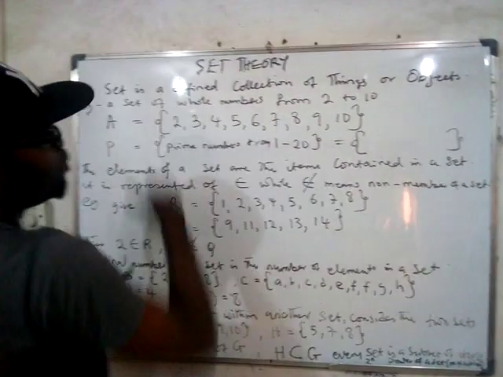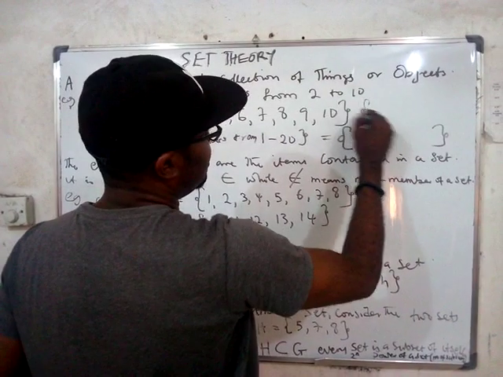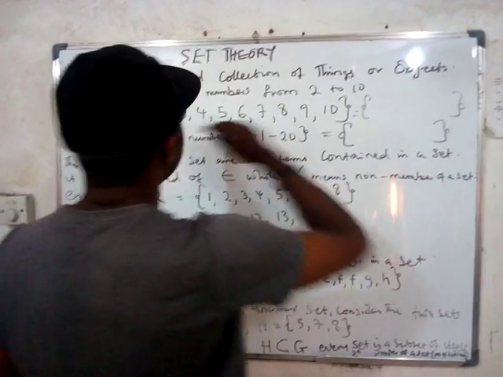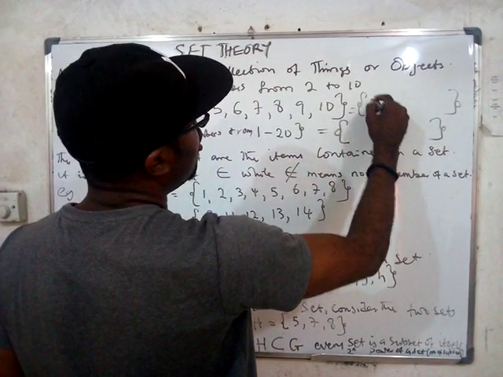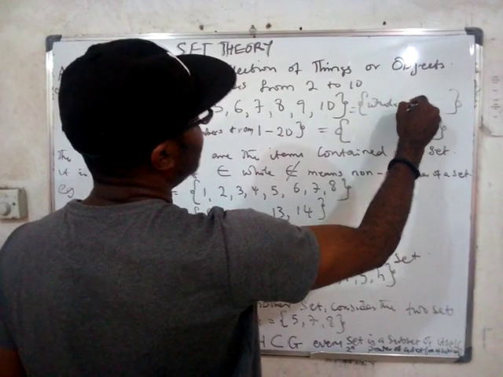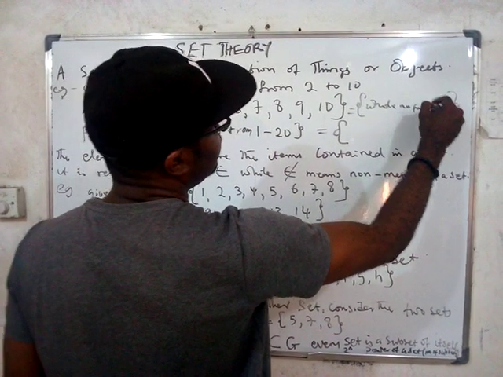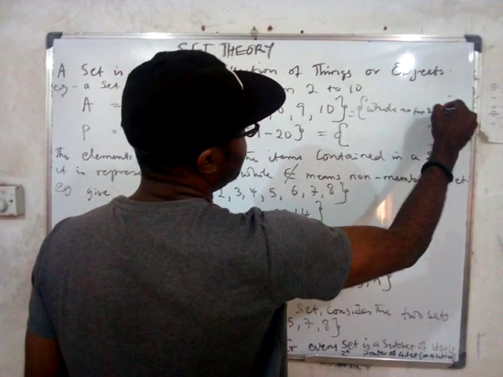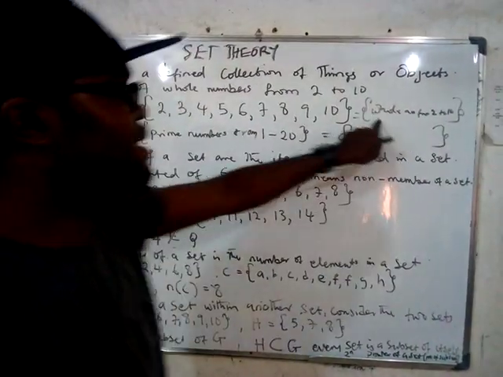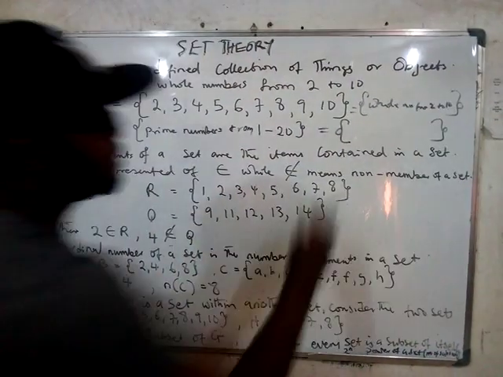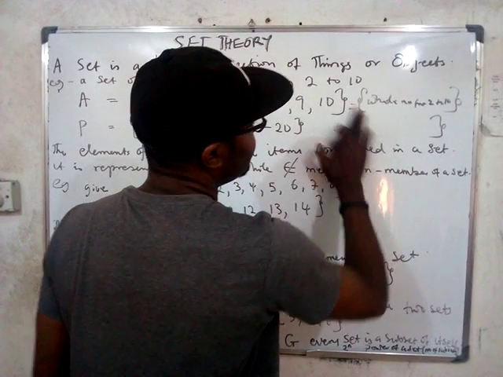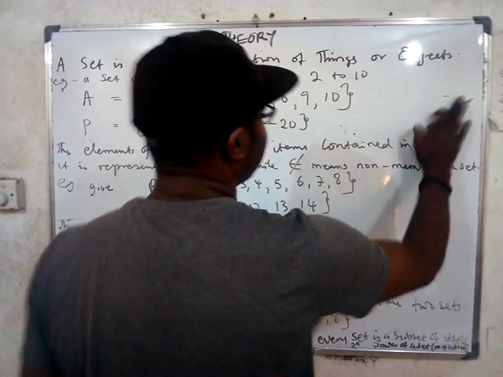Just the same way you can represent this as set of whole numbers from 2 to 10. So it can be in statement form or it can be in the real form like this. So this is how you represent a set.